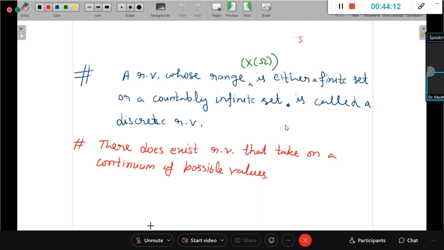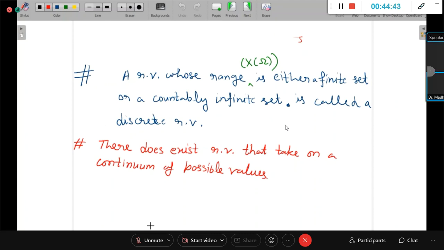Can you give an example where X cannot be discrete? Sir, the event of choosing a point from 0 to 1 on the number line.